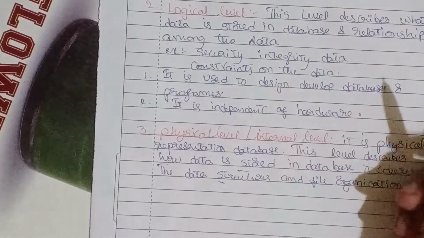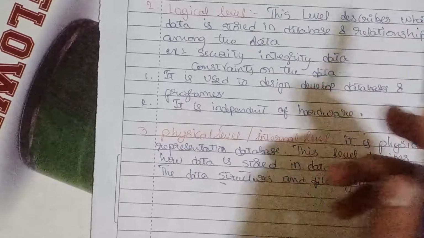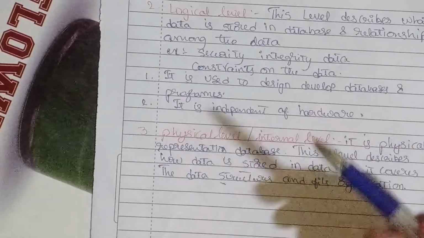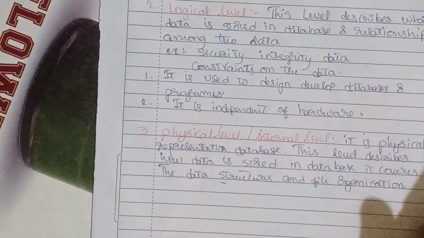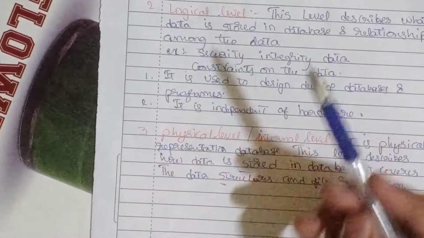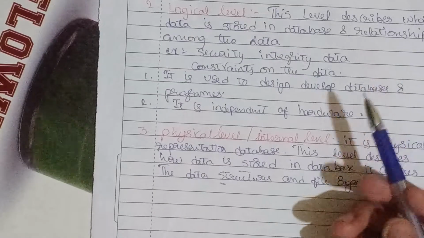It is used to store the data in storage devices. So these are the three levels in the database architecture. The architecture is divided into three layers.